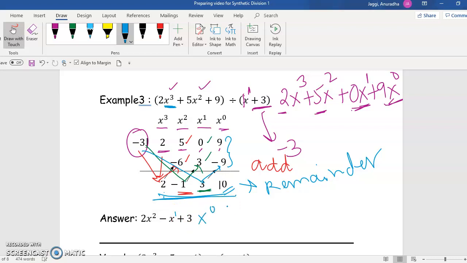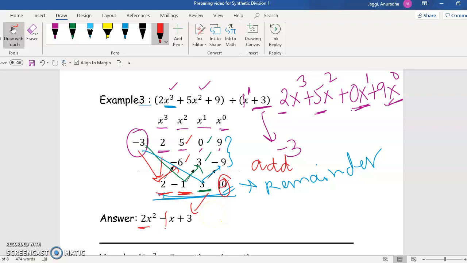But we don't have to write that, and we don't have to write this power 1 also. So where do these coefficients come from? These coefficients come from here: 2 goes here, -1, and there is a 3 here, and the remainder is 0.